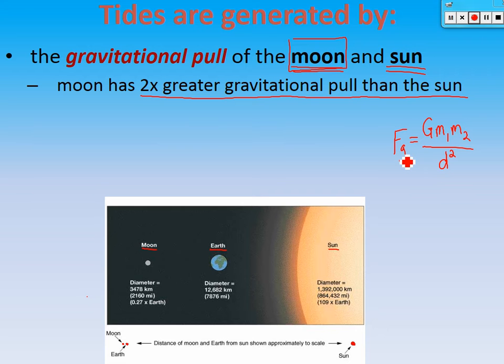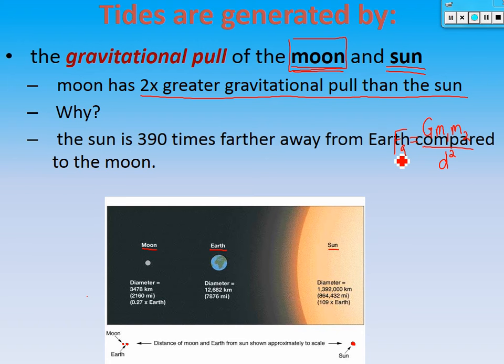And because we are so much closer to the moon, there's just a larger force of gravity, and that's what's responsible for tides. Now they both do. The sun does account for tides a little bit, but the moon twice as much. Okay, we just answered that question. The sun is actually 390 times farther away from Earth as compared to the moon.